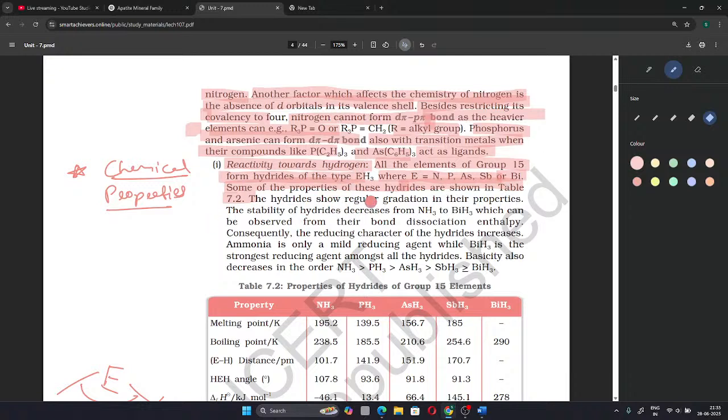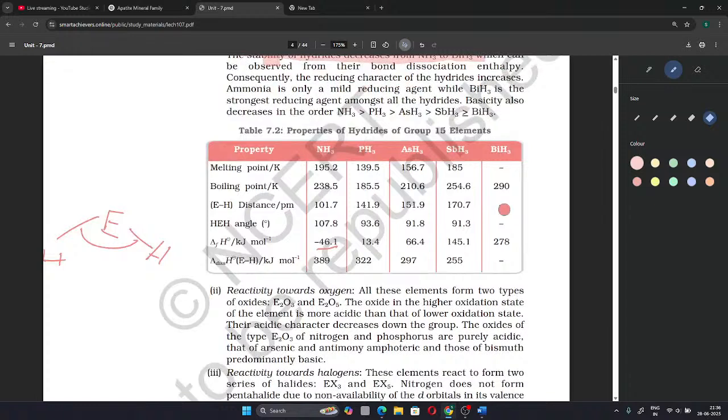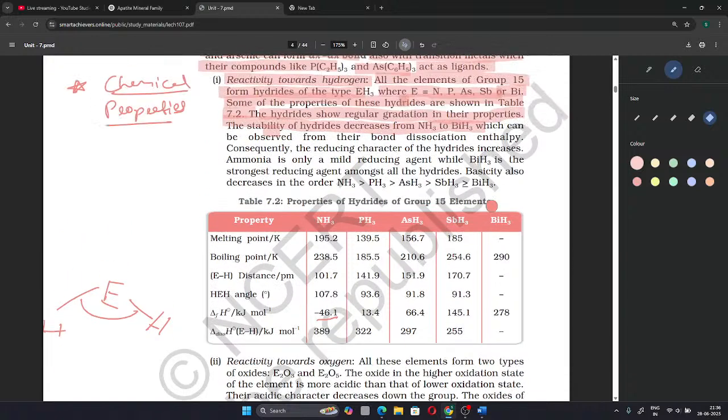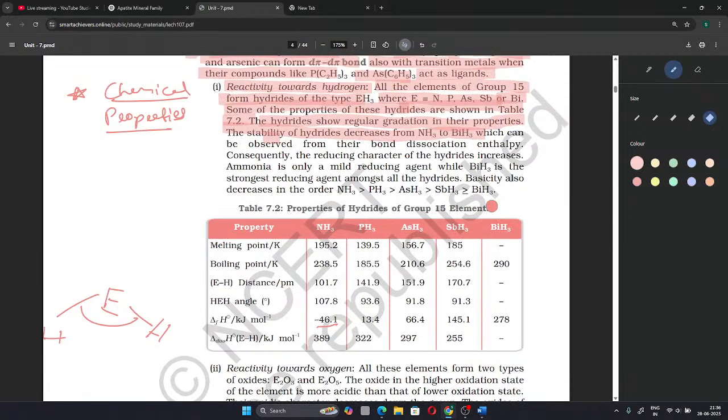The hydrides show regular gradation in their properties. The stability of hydrides decreases from NH3 to BiH3, which can be observed from their bond dissociation enthalpy.